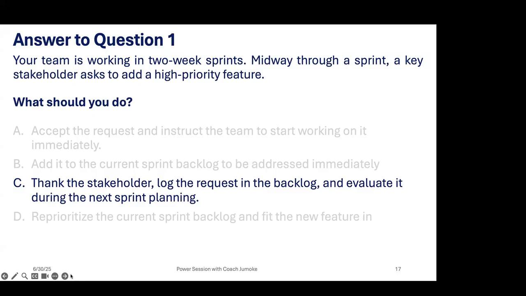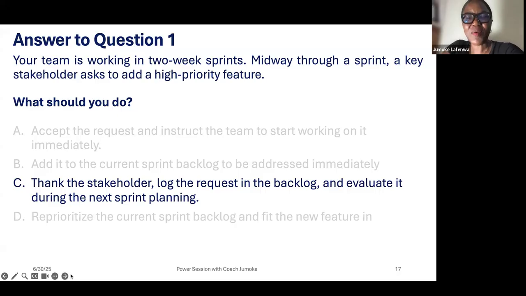You have to evaluate them to see the impact before you can add them. So that's the reason why I chose C, which gives us the opportunity to evaluate it before we add it to the current sprint. Thank you.